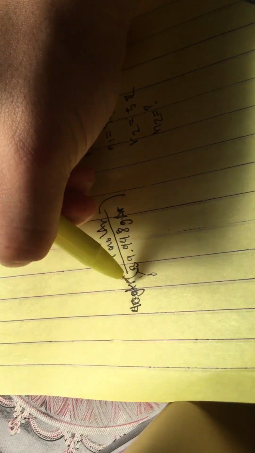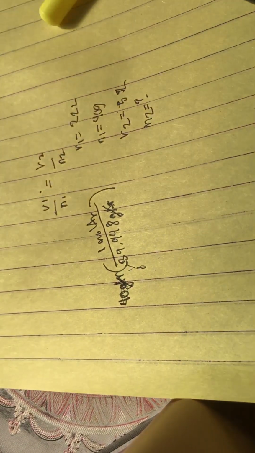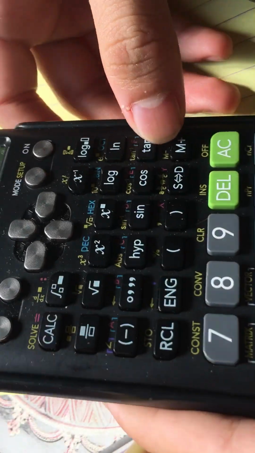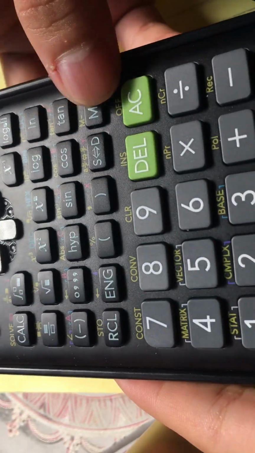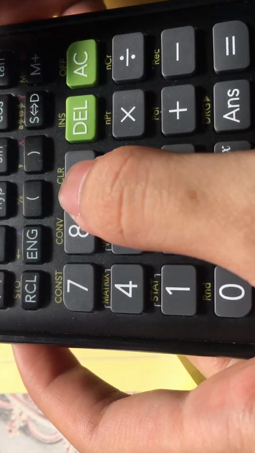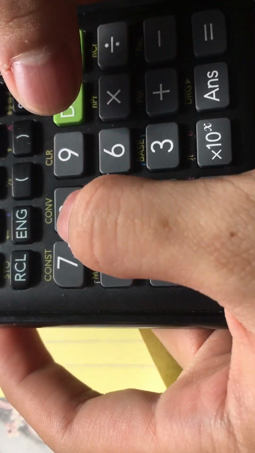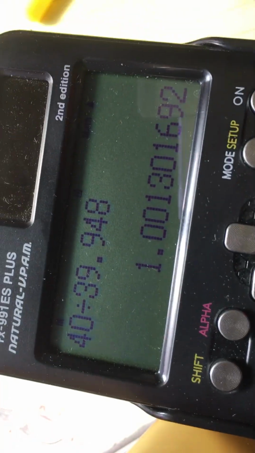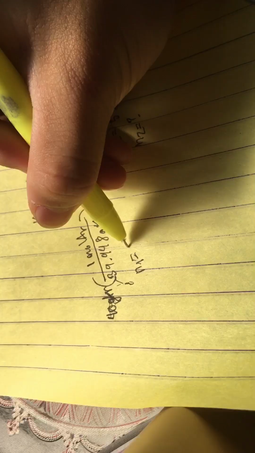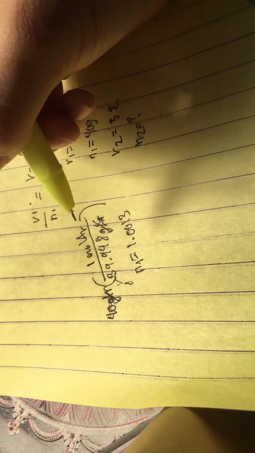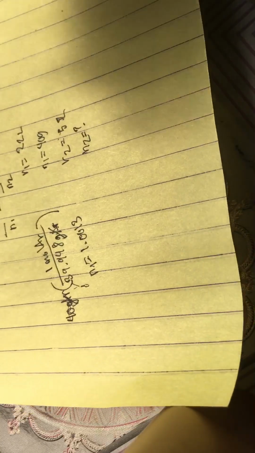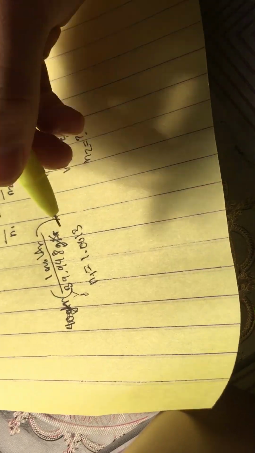Grams of Ar cancel, and we then use the calculator: 40 divided by 39.948 is equal to 1.0013, which is our N1.